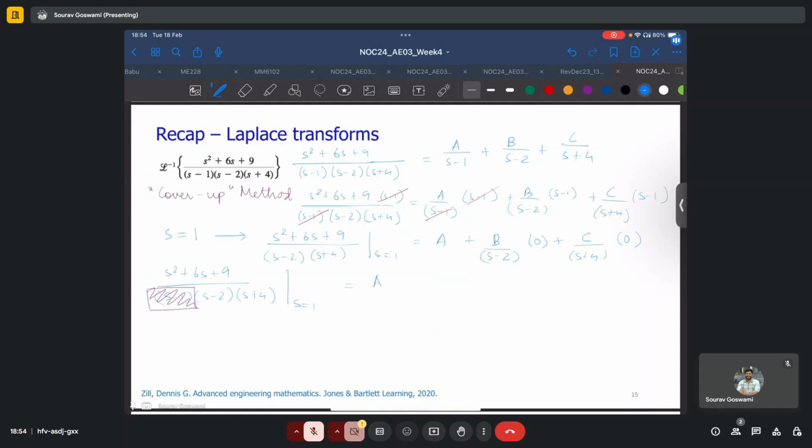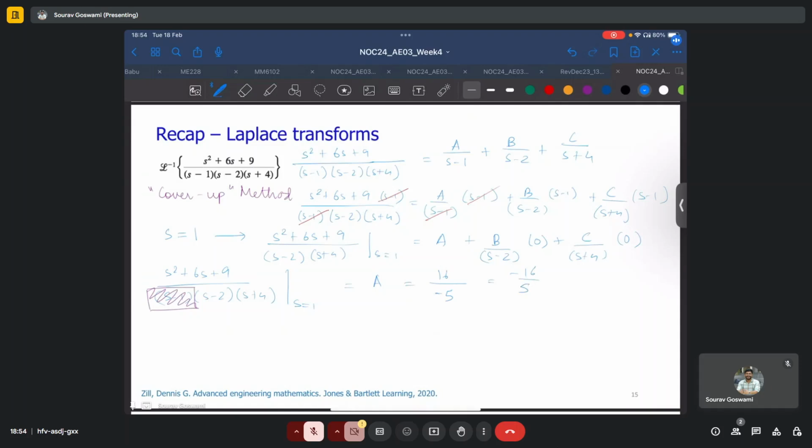This will give me a, and that in fact is 1 plus 6 plus 9, which is 16, divided by 1 minus 2, which is minus 1, times 1 plus 4, which is 5, or minus 16 by 5.